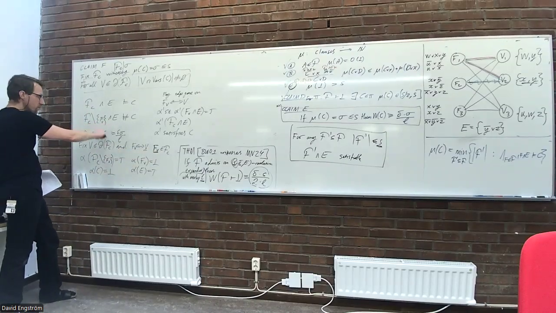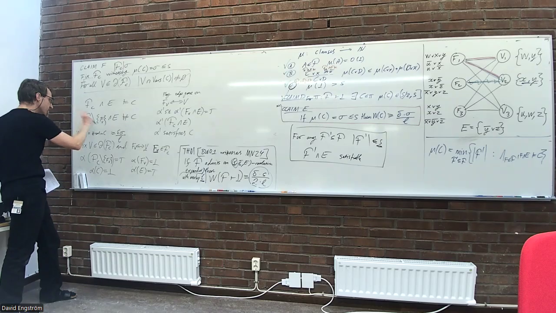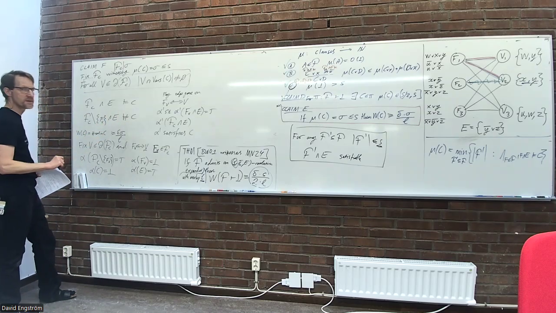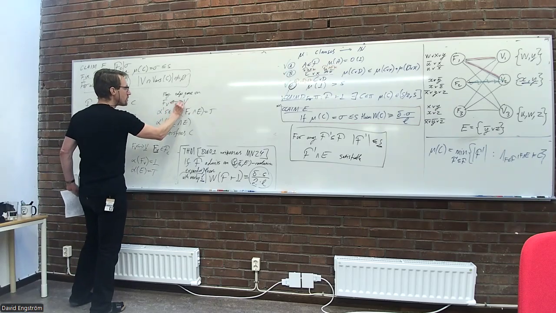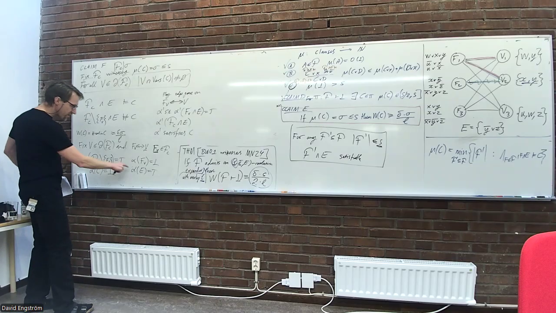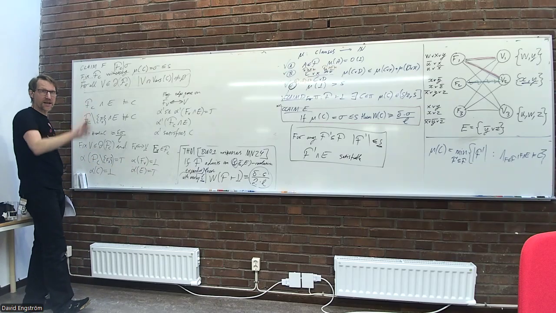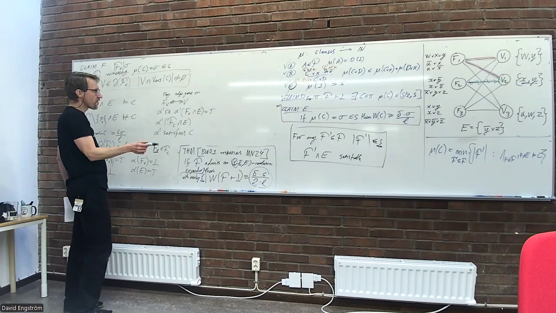Now, since removing FV destroys the implication, there is an alpha that sets everything else to true, sets E to true, sets this to false, sets C to false. Okay? And now I just play on this edge. Alpha sets E to true, so that's a valid move for the adversary. I play my satisfier strategy.